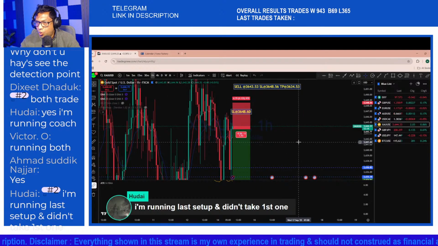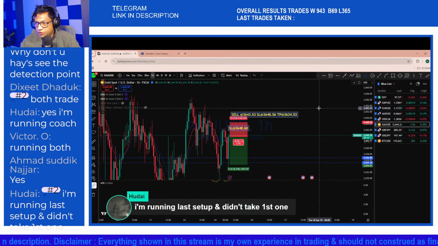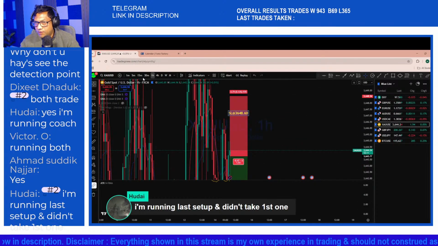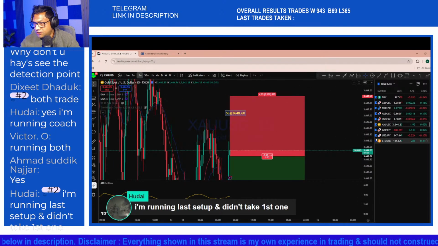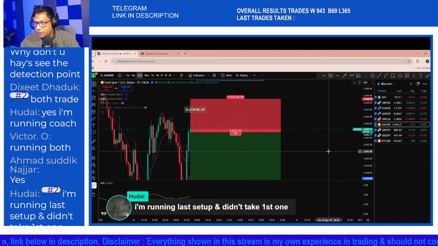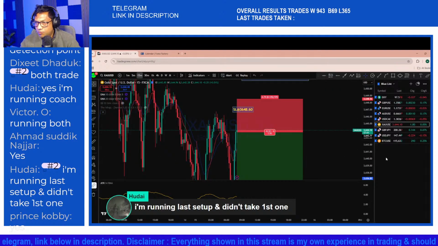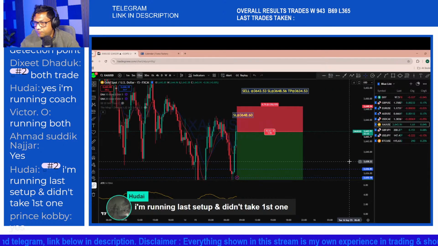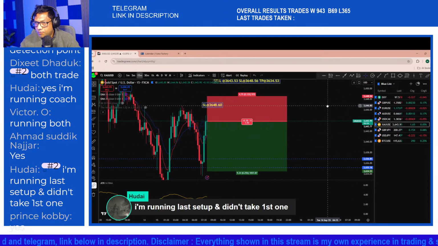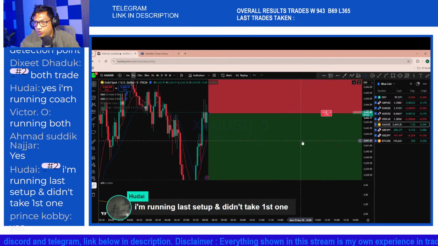So if you look at the 1 hour, you can see this market had a very sharp rejection from this support level, which is currently, if we look at the 15 minutes here, with this movement.